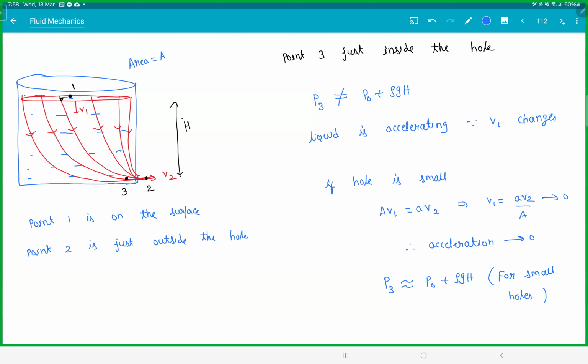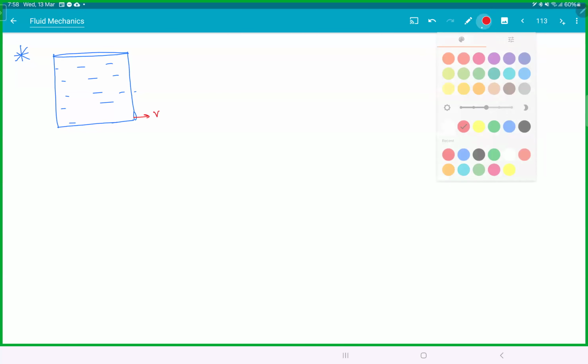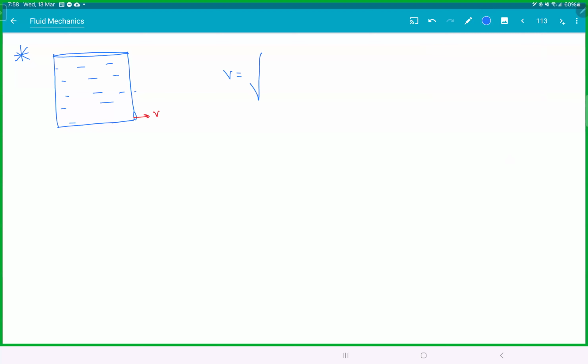Now, this gives an interesting result. But I hope everyone understood why we can't take 3. It is not wrong, you just don't know the value of P3. Clear? This is a very useful result to remember. If you have a container, the velocity of efflux V is given by root over 2 times delta P by rho.